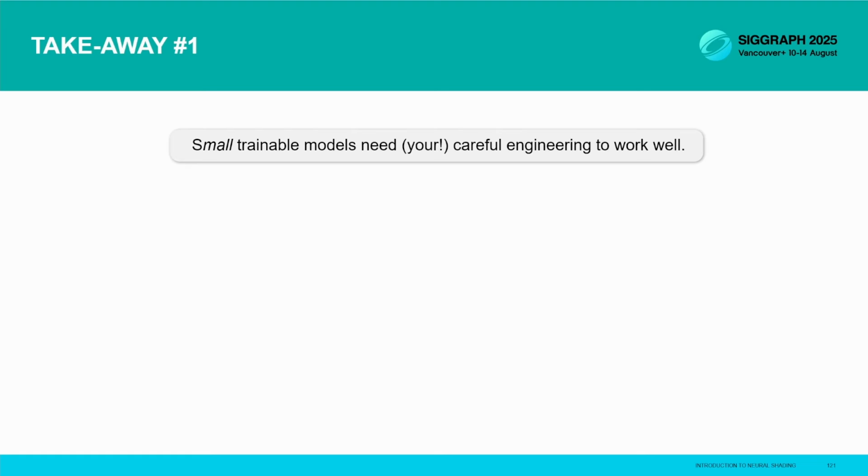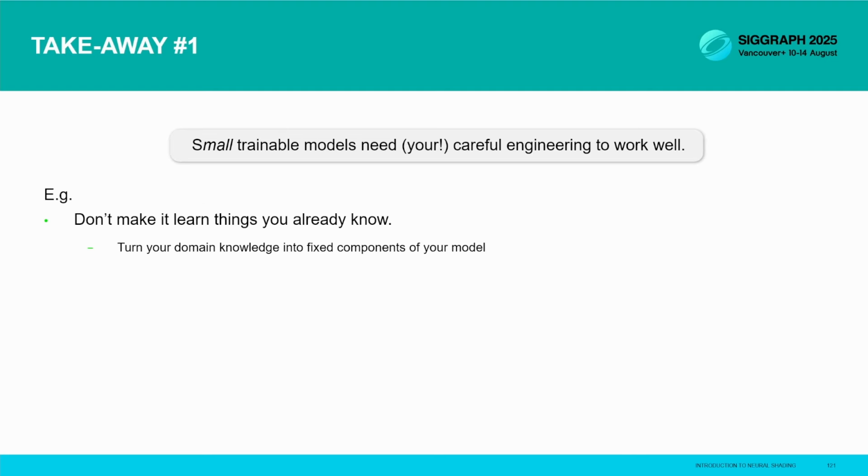But instead, I wanted to drive home some takeaways that are important if you want to be productive in neural shading in your workflow. The first one, and we saw this here, is that if you use small trainable models, then really they need careful engineering if you want them to work well. For example, this can mean to not make them learn things that you already know how to do.